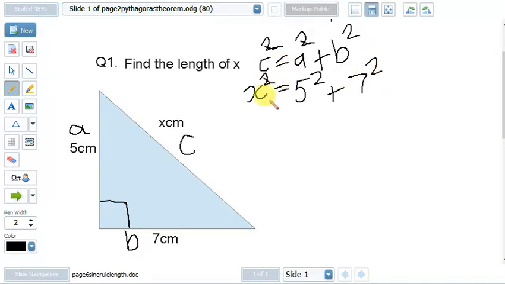Your mathematics should be very logical, all equal signs underneath each other, etc. So the x squared, we can't actually simplify that any further at the moment, so we just keep that as x squared. 5 squared is 5 times 5, which is 25.